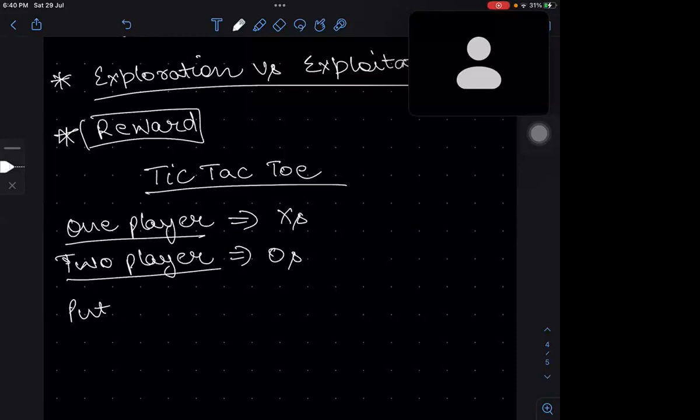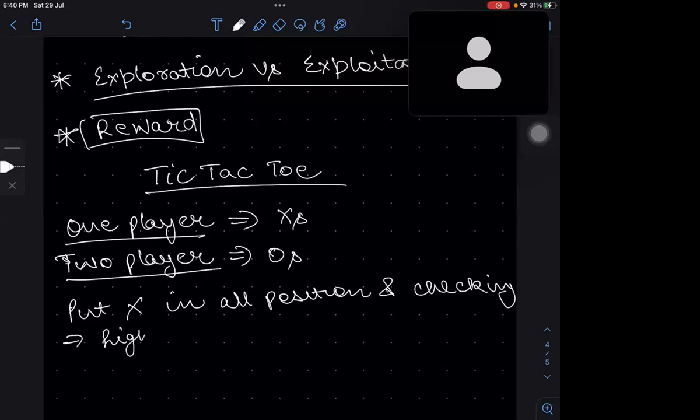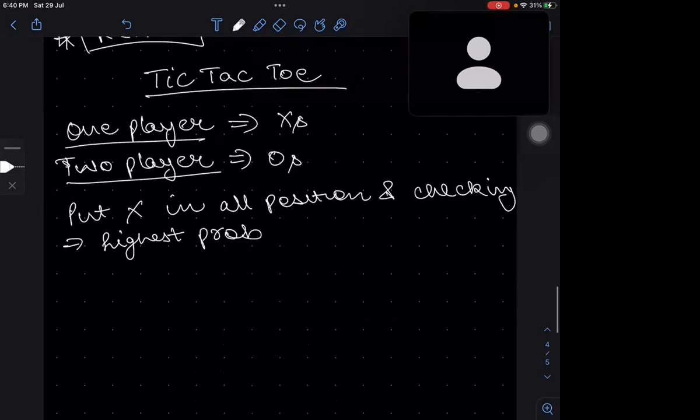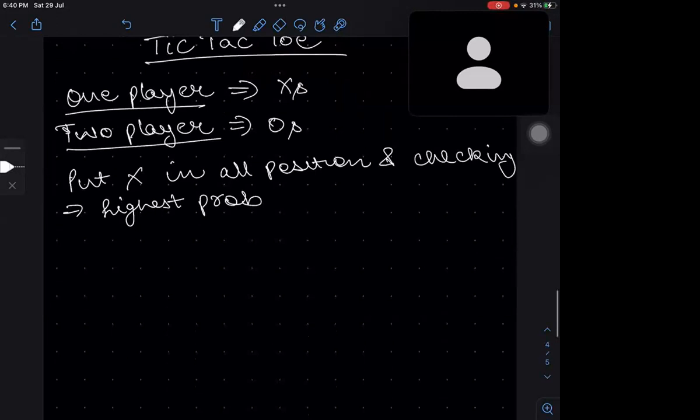So now what we are doing is putting the cross in all positions and checking which has the highest probability. I'll explain in more detail. Suppose I take two methods here.